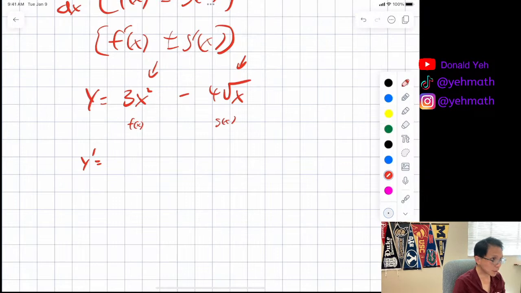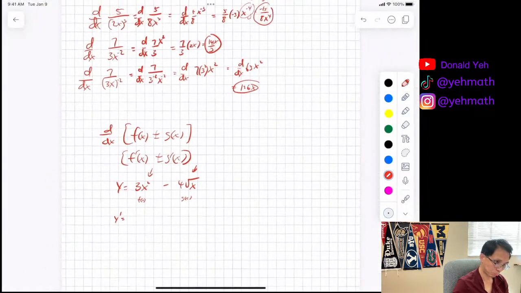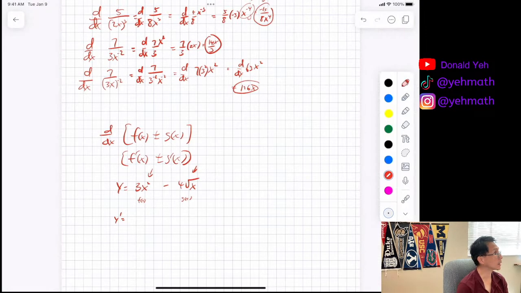So what is the derivative of this? Is it 6x minus 2 over root x? 6x, that's perfect. That's the derivative of 3x squared.